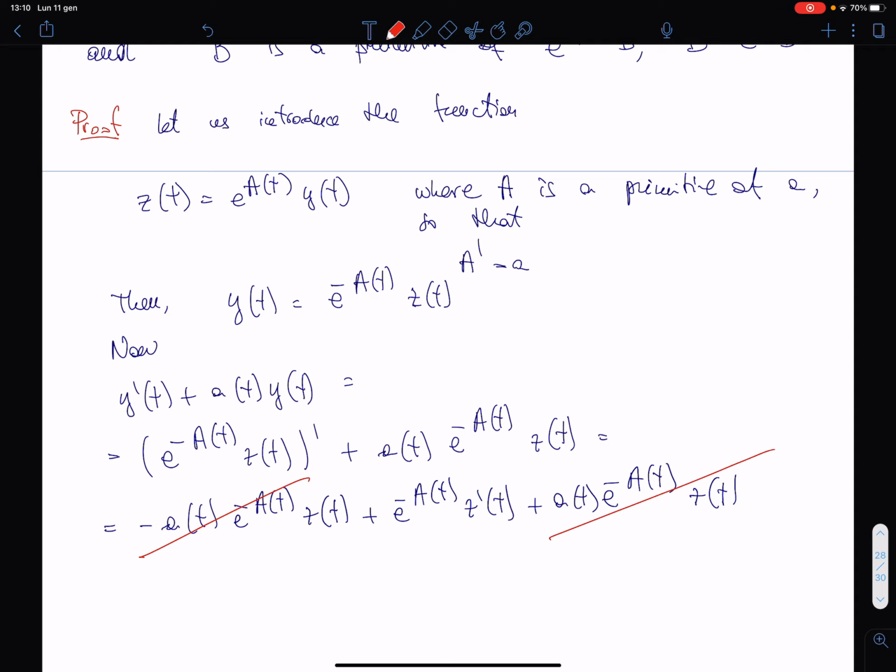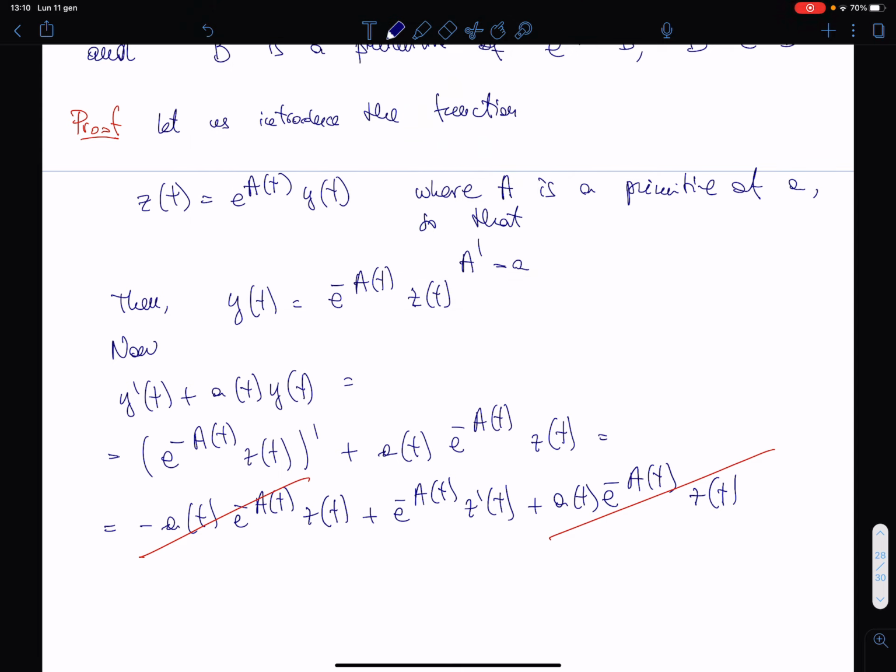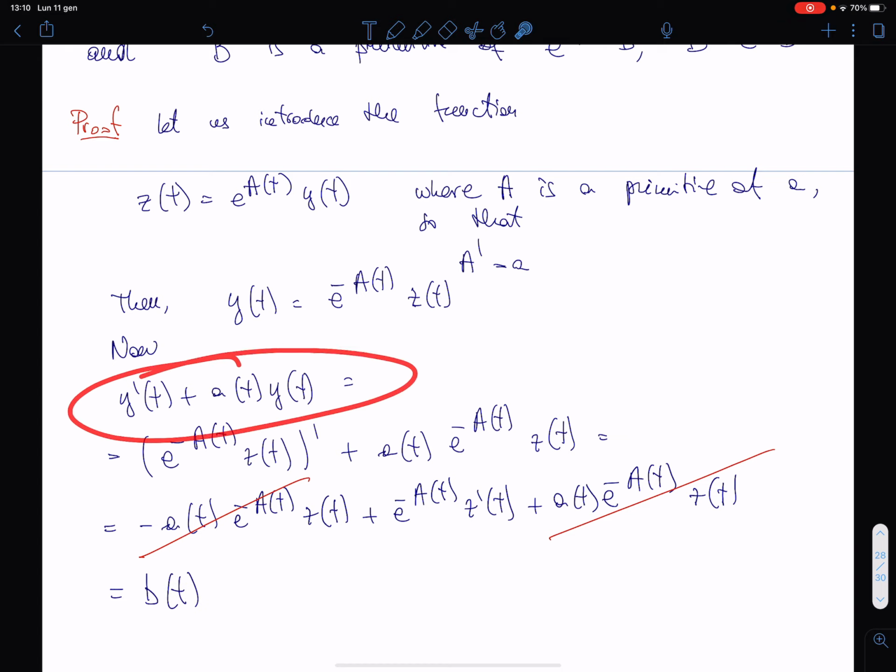And of course, now this is the first member, the left-hand side of the equation, which is equal to the right-hand side.